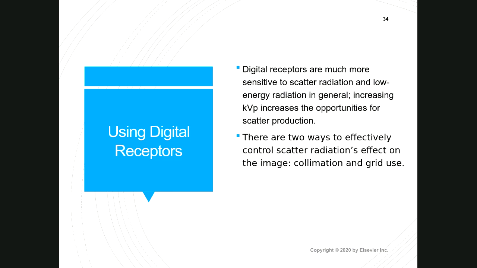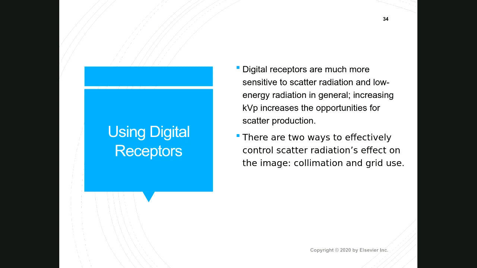So now there's software where you don't have to actually use a grid, but the software goes in and removes those low-level energy values from your image like you used a grid, but there's no change in mAs requiring the patient to have more exposure.